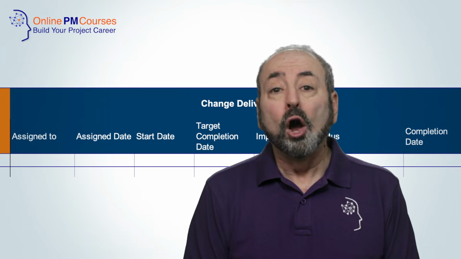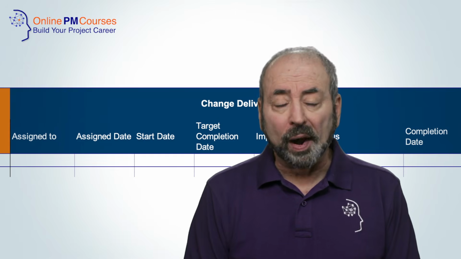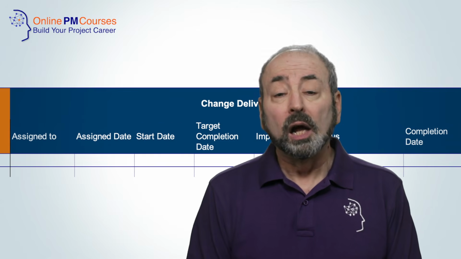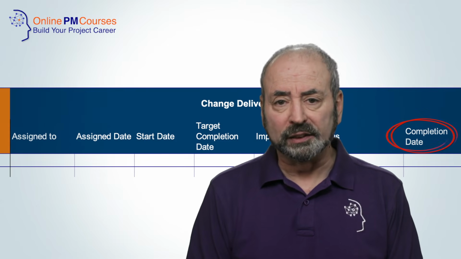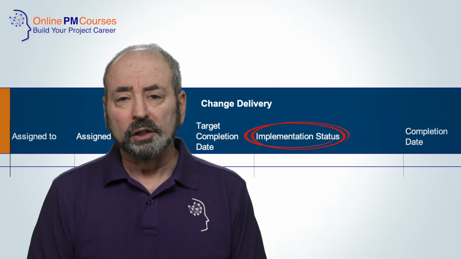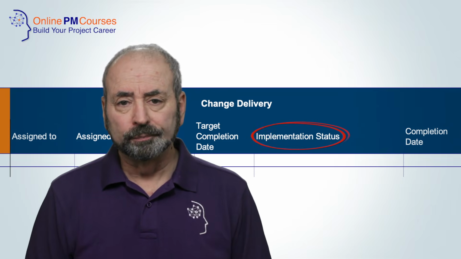I've included who the work is assigned to, key dates for when it's assigned, when the work begins, a target completion date, and an actual completion date. I've also given a column that will allow users to include a current implementation status.